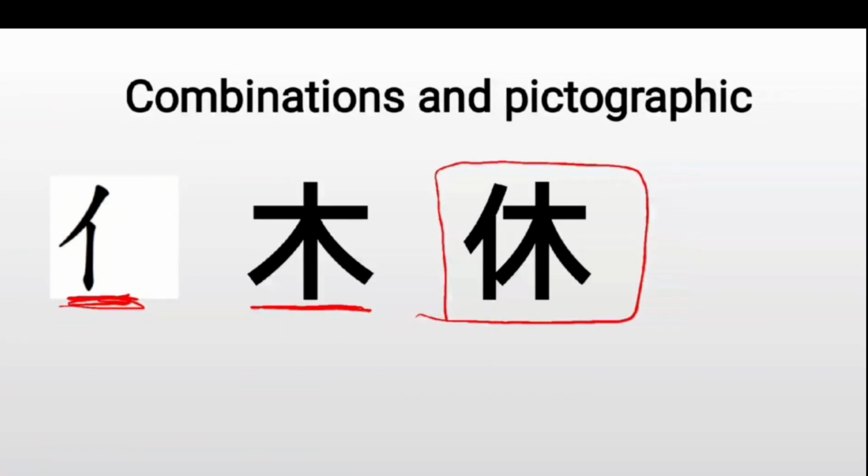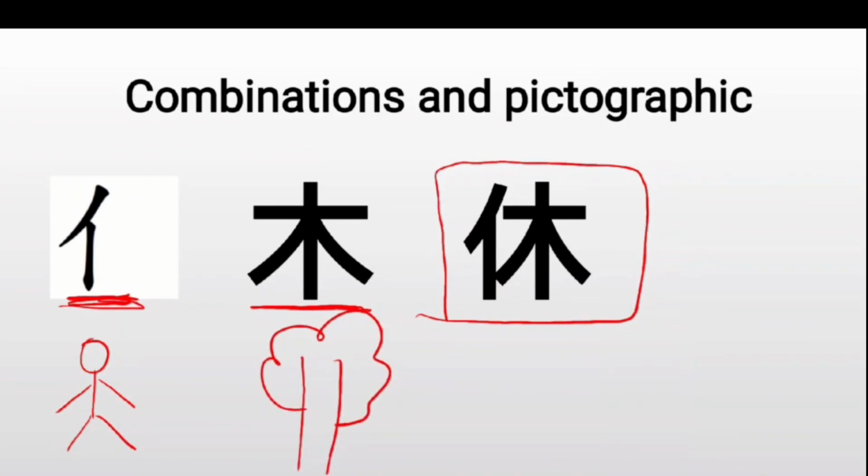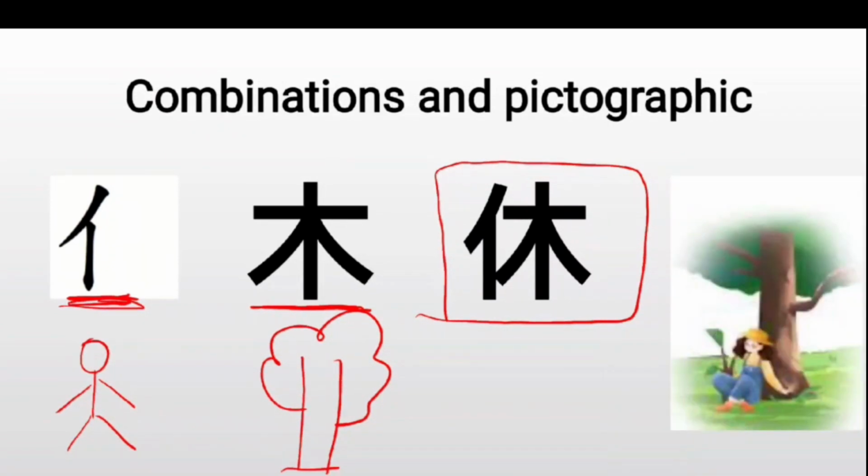Now I hope you develop an image, a picture in your mind that this one, 单立人, means a person. That one means a tree. And putting a person and a tree together is an image of a person sitting at the tree. What's that person doing? She's having a rest. So, yeah, we can guess that this word means rest. You're right, actually.